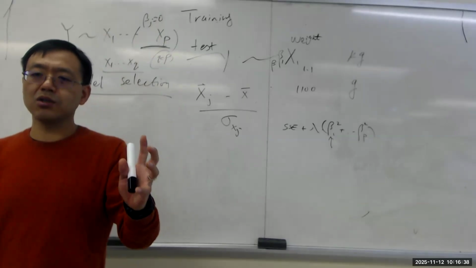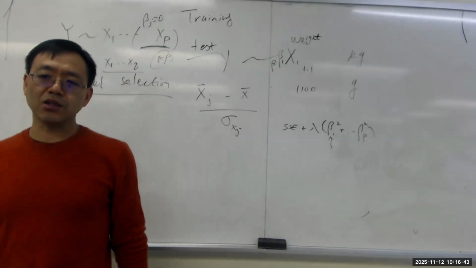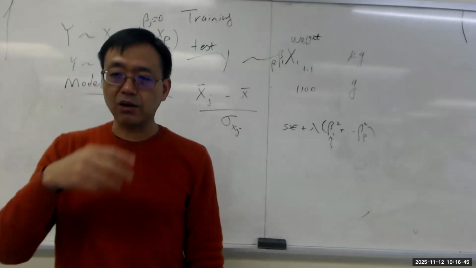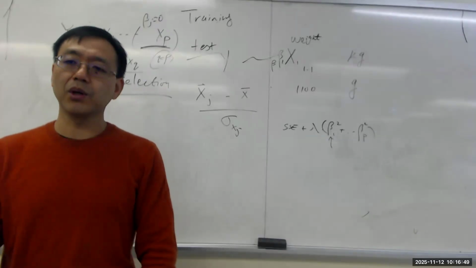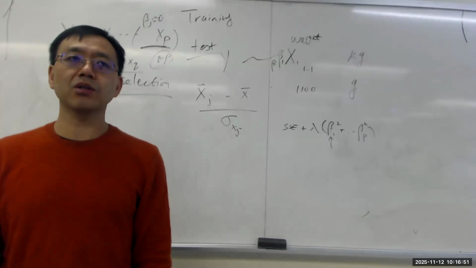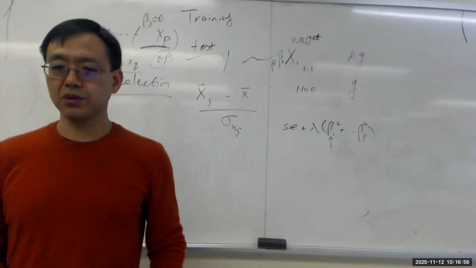Model estimation is not the same as model selection. So the lasso is like using one stone to kill two birds. You can do the model estimation, and at the same time you can also do some kind of model selection, which is a good property.